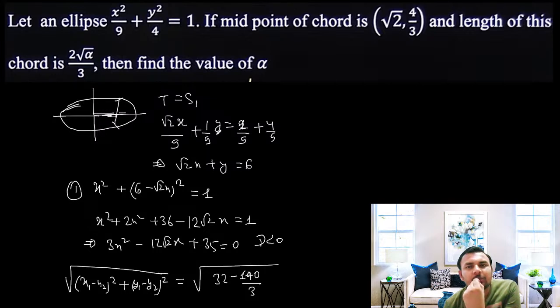√2x/9, y/3, it's a 3. Okay, so here multiply by 3, then this 9 will come, right? Okay, and then in this it's 2 by 9, it is 4 whole square, which is 4 by 9. So it is 2 root 3x. Okay, so I think we got our mistake.